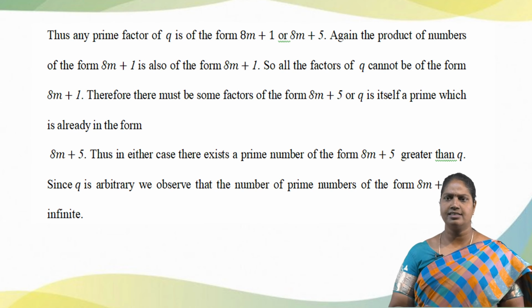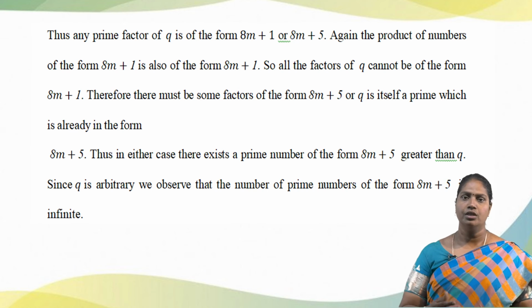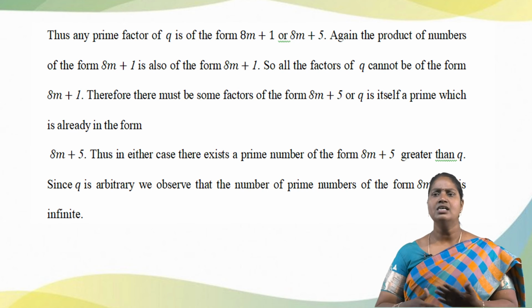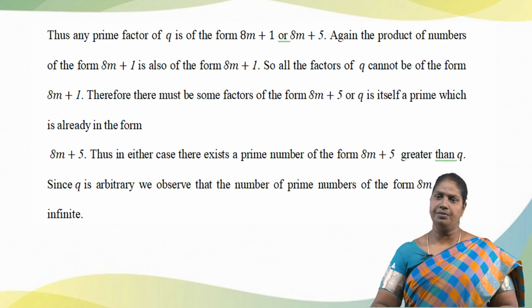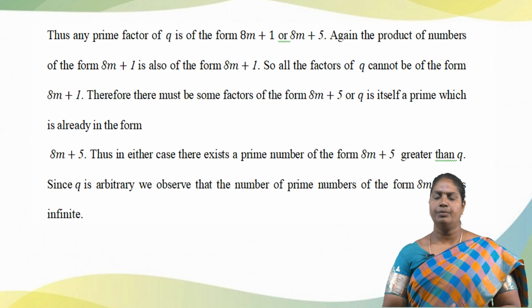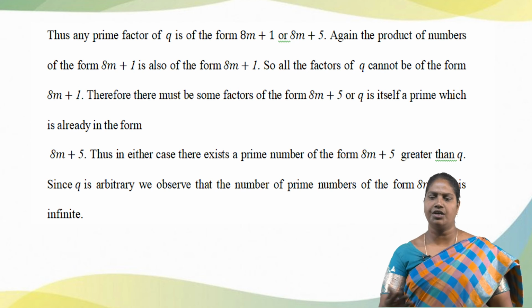Thus, in either case, there exists a prime number of the form 8m plus 5 greater than p. Since p is arbitrary, similarly, we can construct primes of the form 8m plus 5 other than those. So this leads to the proof of the theorem, that there are infinitely many primes of the form 8m plus 5.